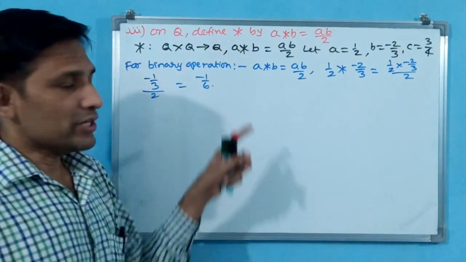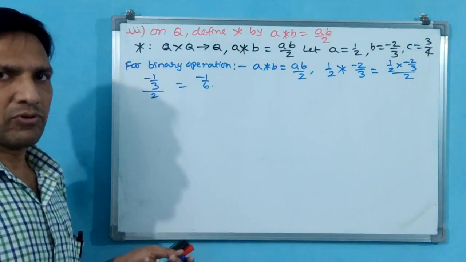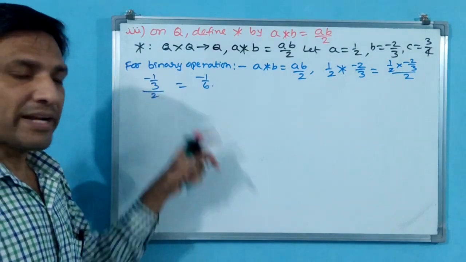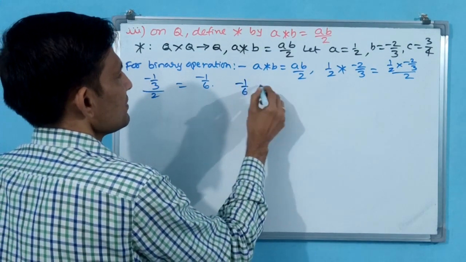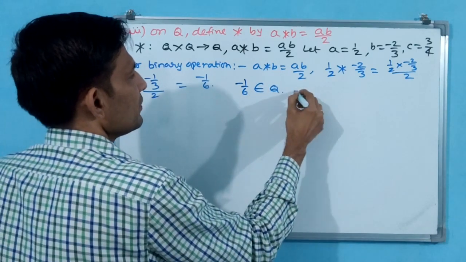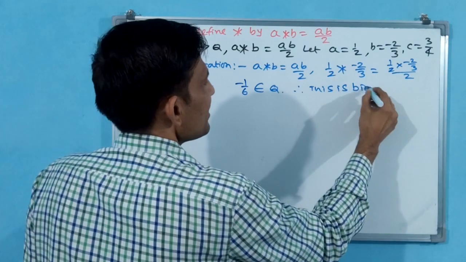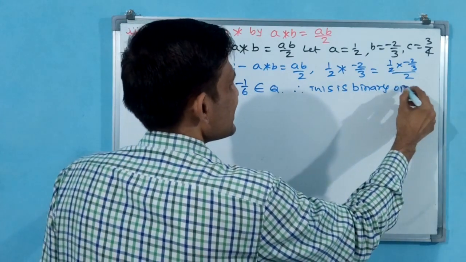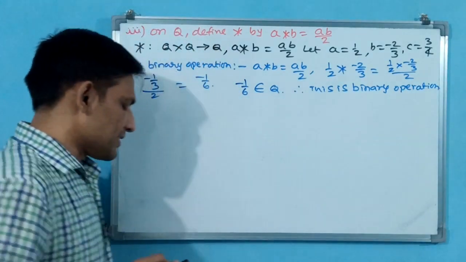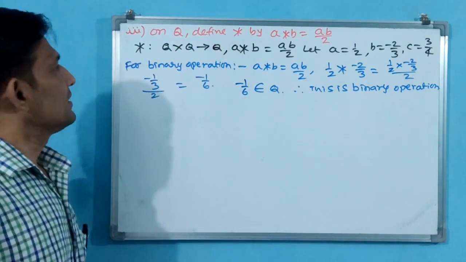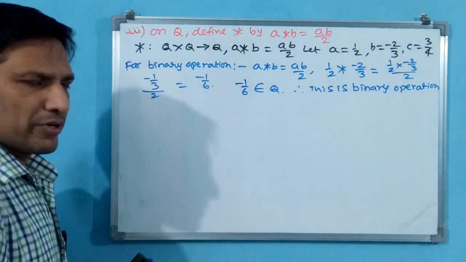Now you tell me, is minus 1 by 6 a rational number or not? Rational number only. Then this is a binary operation. Minus 1 by 6 belongs to Q. Therefore, this is a binary operation. First you write that one, then you go for commutative. When it is a binary operation, then you go for commutative.